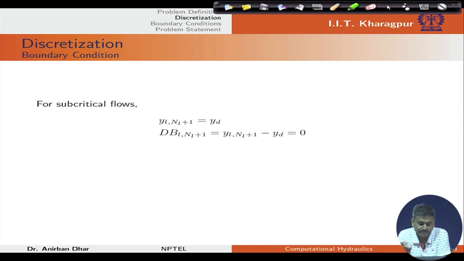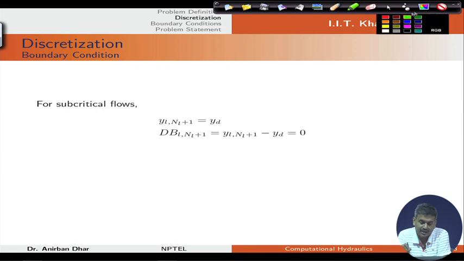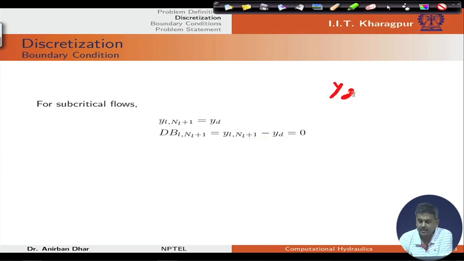So, the downstream boundary condition for the Lth channel reach at N L plus 1 section is Y L N L plus 1 minus Y D, where Y D is the specified value at the downstream end.